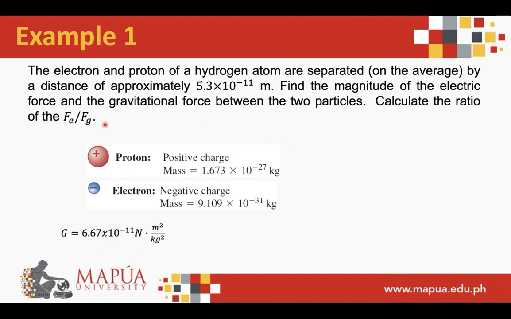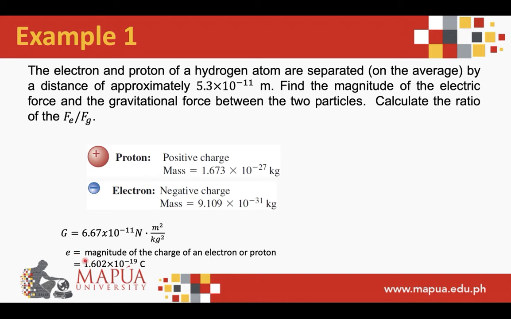Since we're also asked for the gravitational force, we'll need the gravitational constant, which is 6.67 times 10 to the negative 11 newton meter squared per kilogram squared.